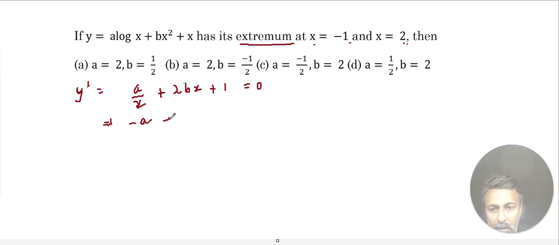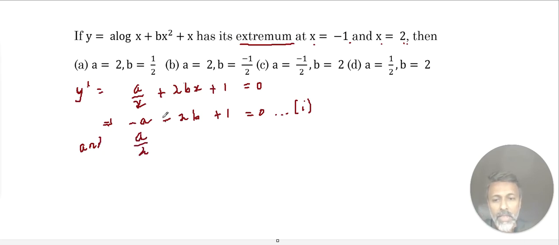So minus a minus 2b plus 1 is equal to 0. Let us number this as equation 1. Let us get the second equation by substituting x as 2 in the first derivative. So we get a upon 2 plus 2b into 2 plus 1 is equal to 0.